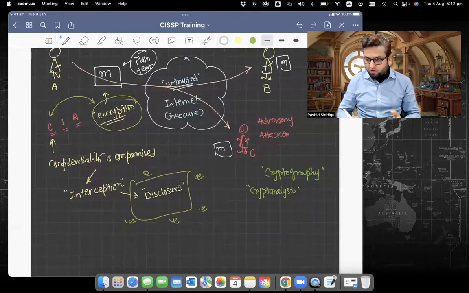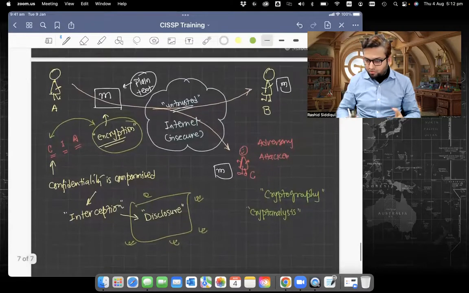We will move forward with this terminology, this concept, and this example in the next video, where we will be understanding the different methods of encrypting the message.